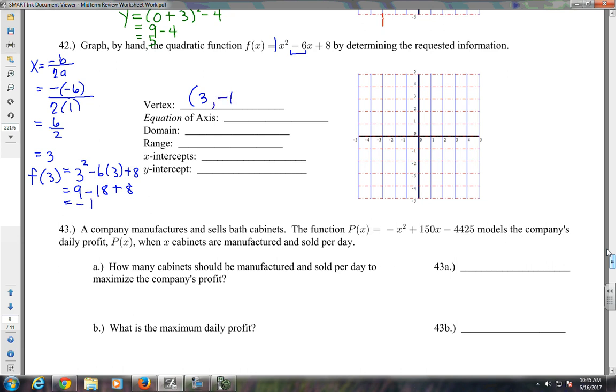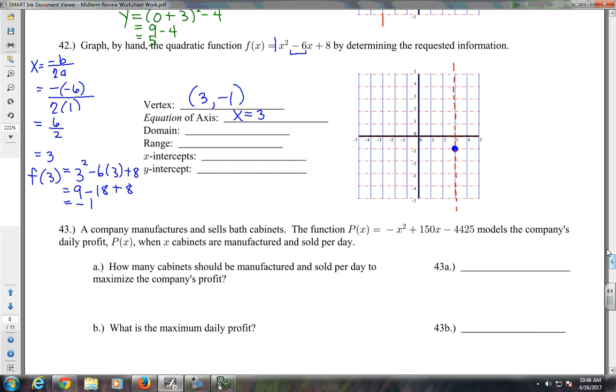So our vertex lands at (3, negative 1). As soon as I've determined my vertex, I can write the equation of the axis. The equation will always be x equals, because we're describing a vertical line here, and it's going to be equal to whatever the x value of your vertex is. So this vertical line will divide my parabola right in two.